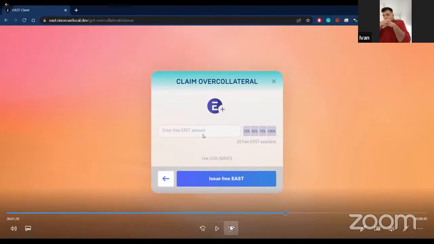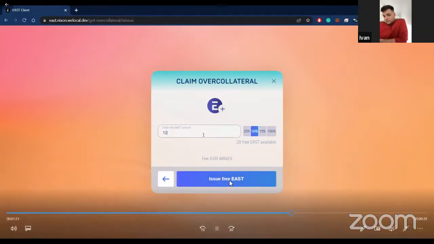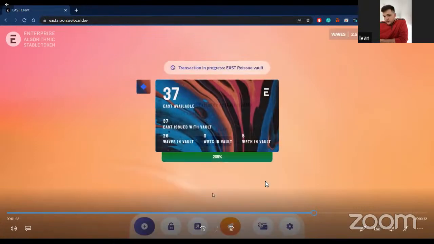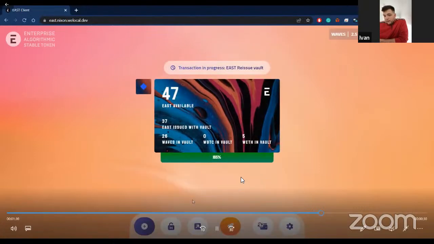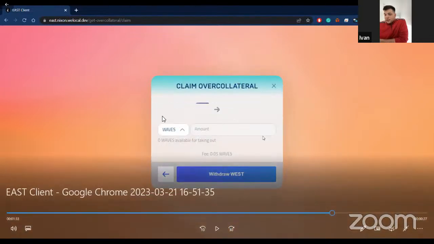This is why we can use this over-collateral to issue new ETH. Half of the over-collateral we use to issue new ETH, and we also have the ability to take away our collateral.